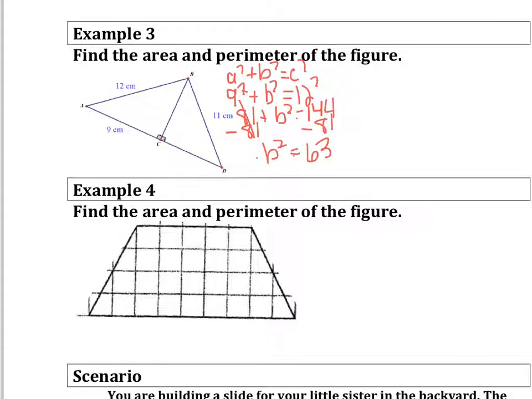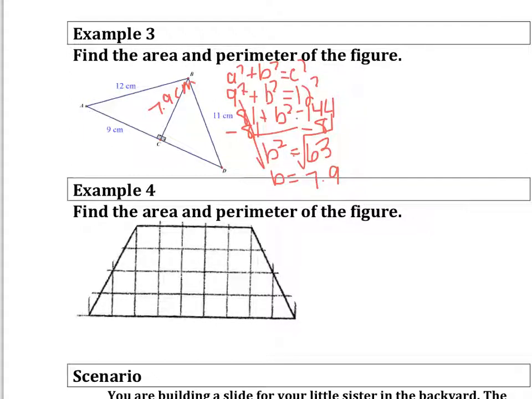So now I have to take the square root, and when I do, to the nearest tenth place, I get 7.9. So that tells me that this height of the triangle is 7.9 centimeters.